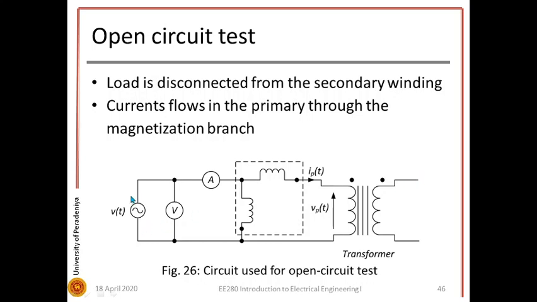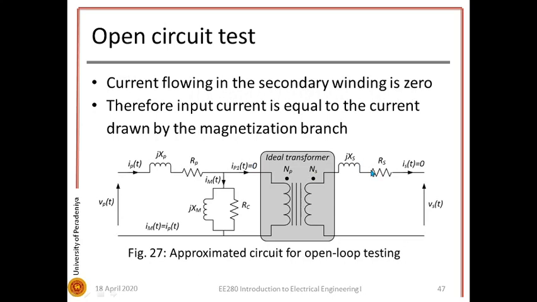We connect the primary voltage source, and the voltage is equal to the rated voltage. We measure the voltage applied to the transformer, the current flowing through the transformer primary winding and the power consumed by the transformer using a wattmeter.